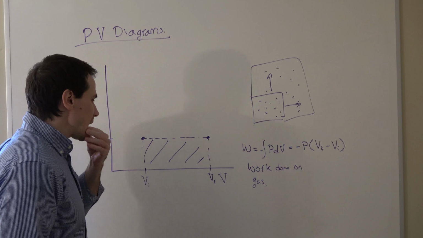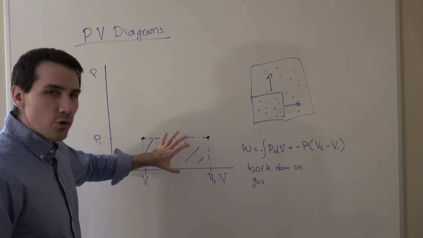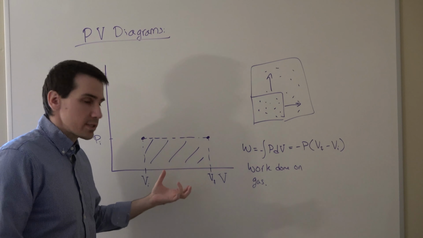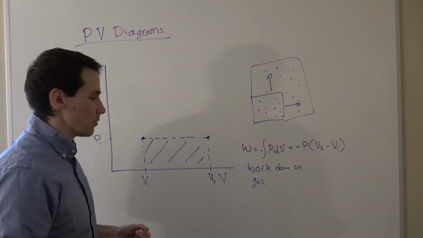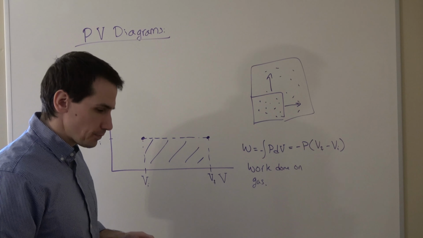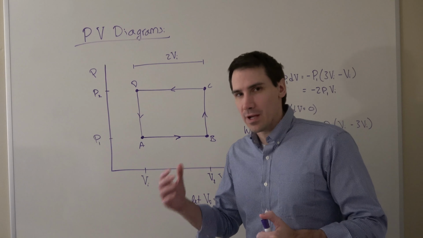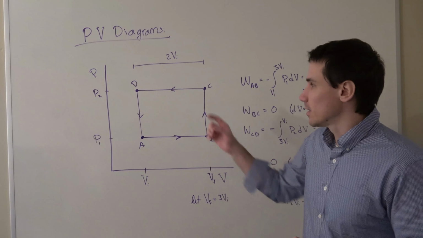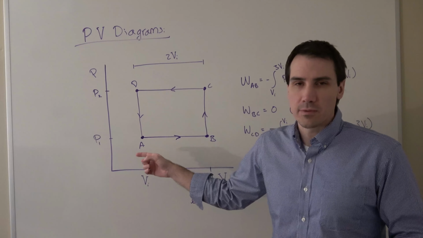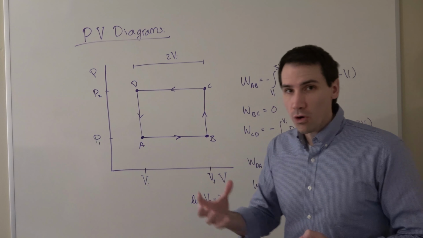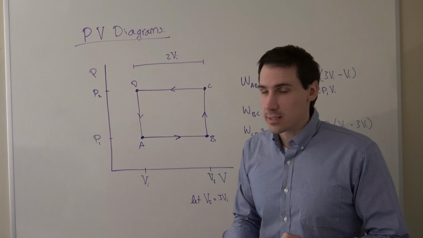Okay. So you can quickly just get a sense of what the work looks like by looking at the area under this graph. Now let's look at a specific example of a process, a cyclic process, a process that goes in a repeating cycle, and try to figure out the work done in this process.